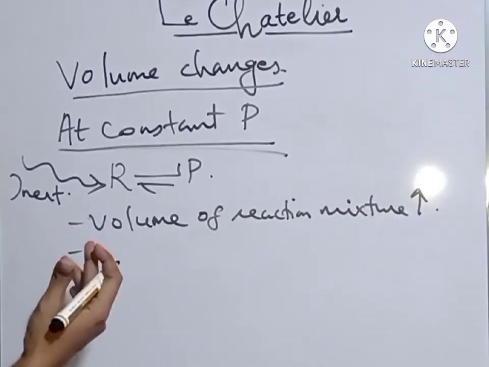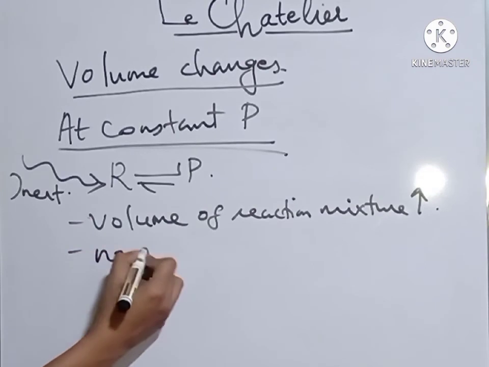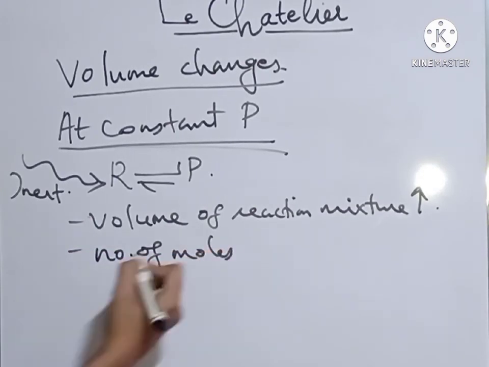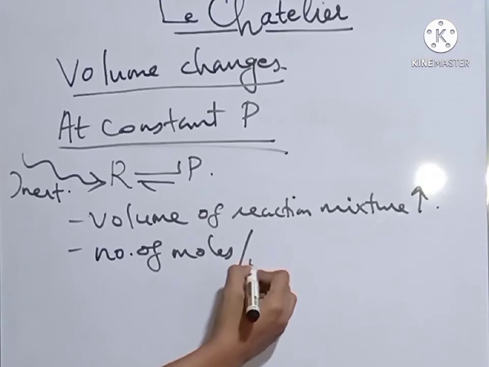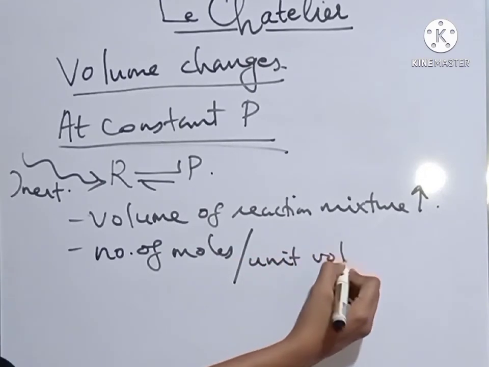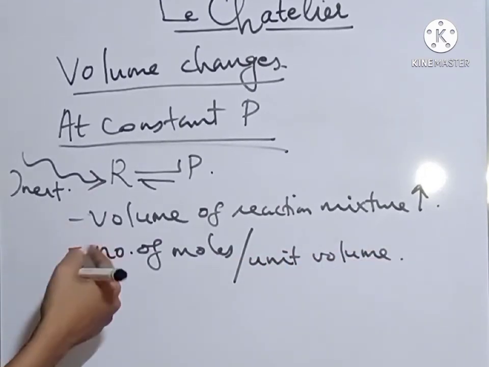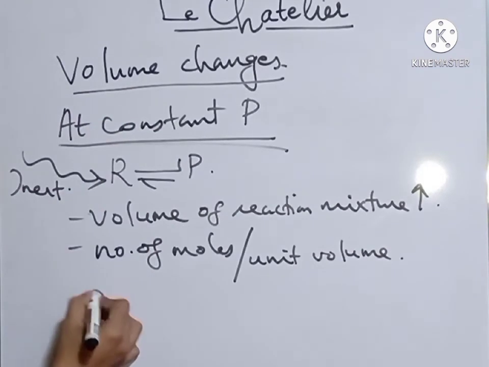So naturally, the number of moles per unit volume of the reactants and product decreases.